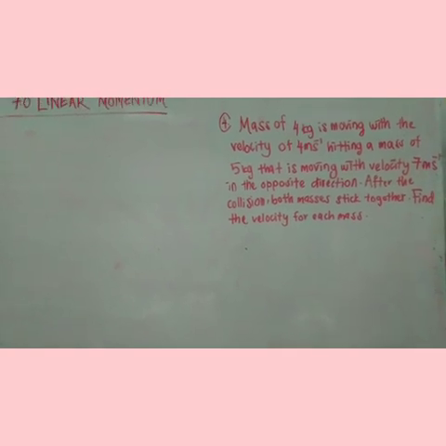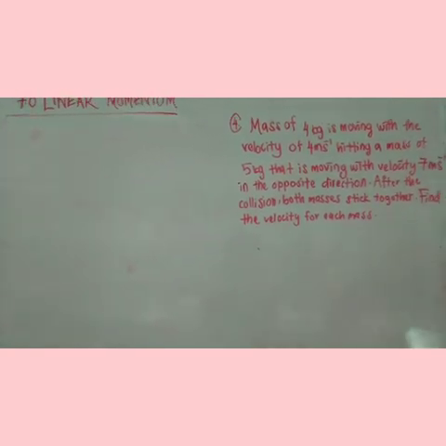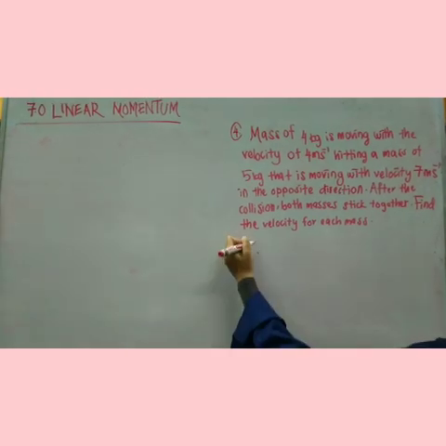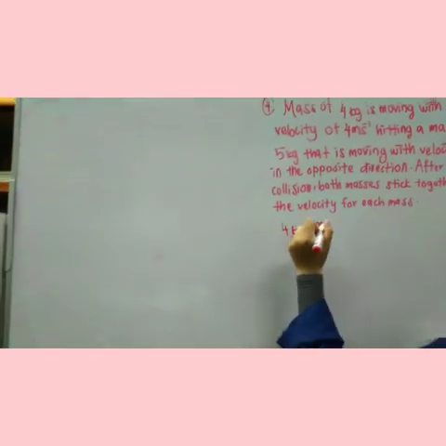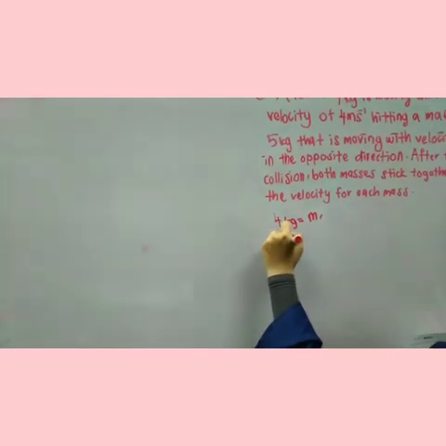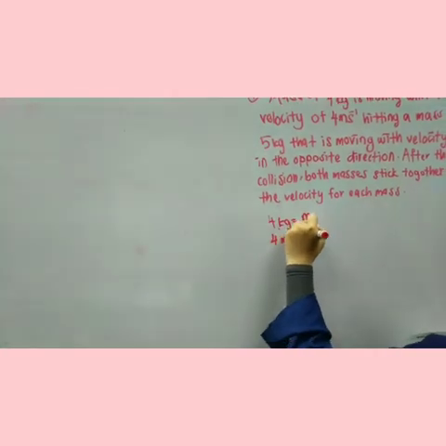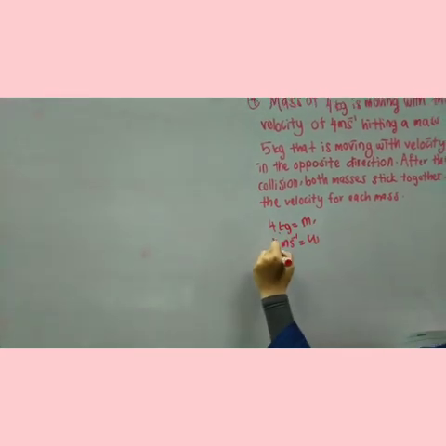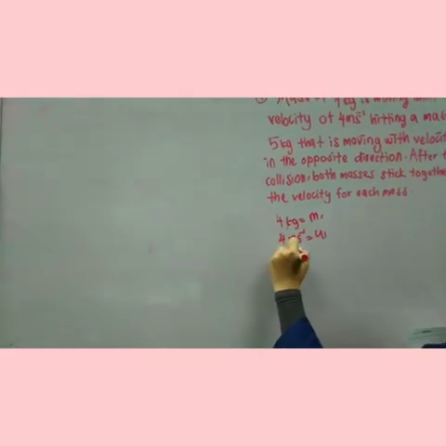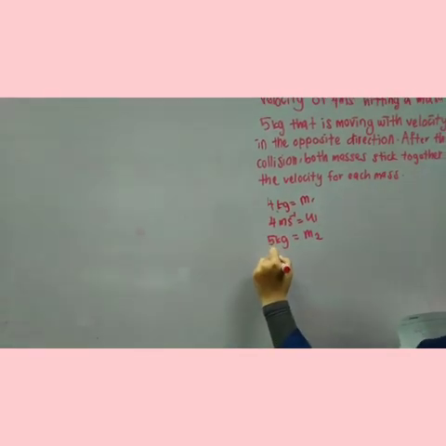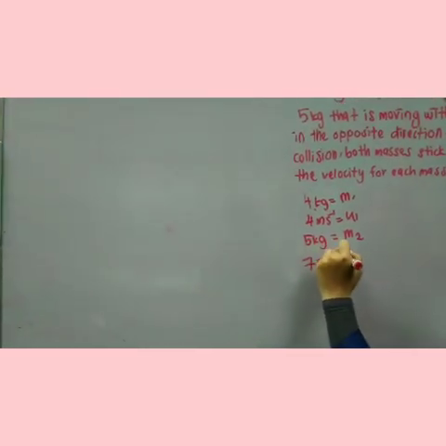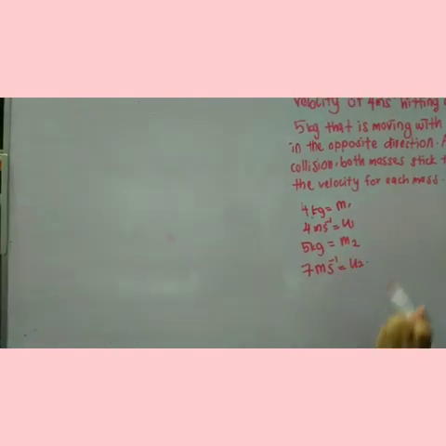So first, we write the information that was given. 4 kg is mass 1. 4 meter per second is u1. Next, 5 kg is m2, and 7 meter per second is u2.